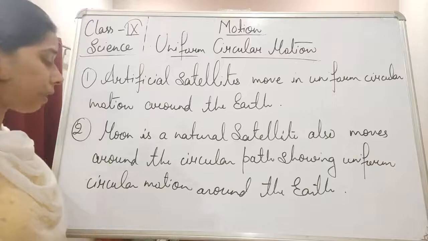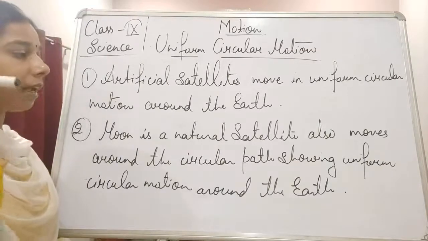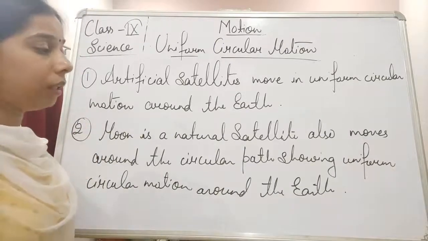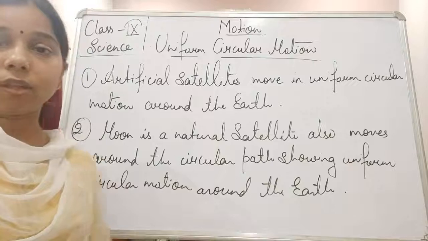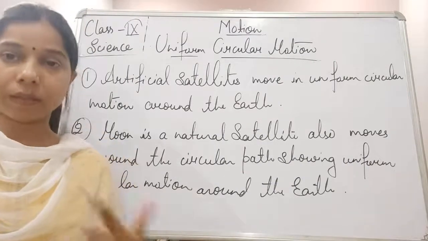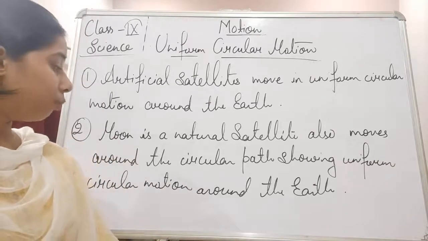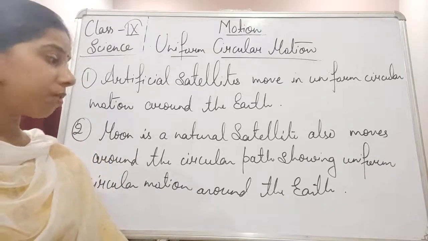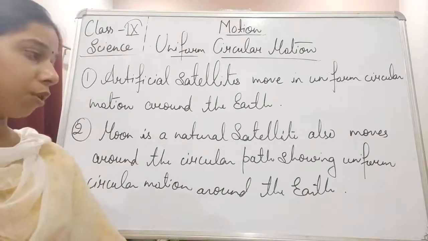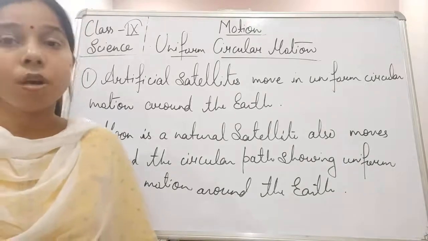If we talk simply about the moon, which is our natural satellite, the only natural satellite present around the earth, we know that it revolves around the earth in its orbit. So we can say that the natural satellite moon also shows a uniform circular motion, students.